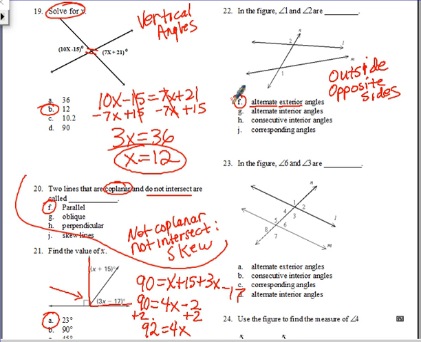For number 23, they are next to each other, and they're on the inside. So if they're next to each other and inside, that means you have consecutive interior. So 23 has to be consecutive interior. Okay?